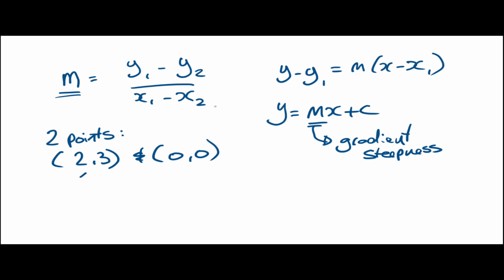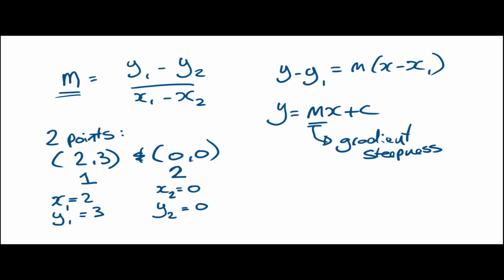I'm going to say that this point is point 1 and this point is point 2. So the x value that belongs to point 1 is 2. The y value that belongs to point 1 is 3. And the x value that belongs to the second point, that's what the little subscript 2 means, is 0. And the y value of this second point is also 0.